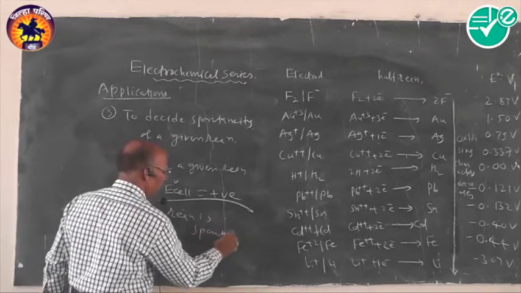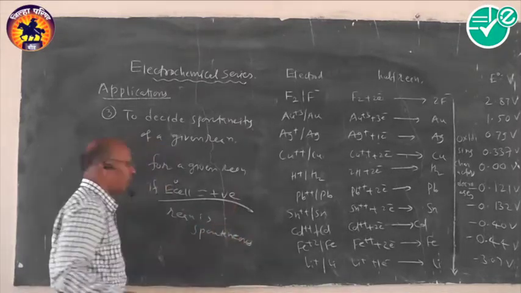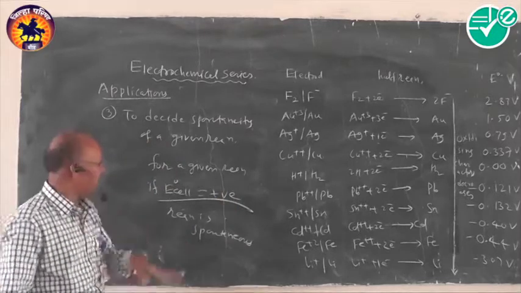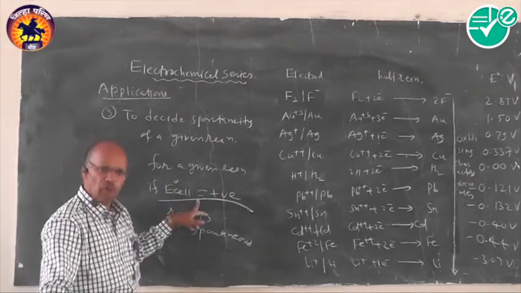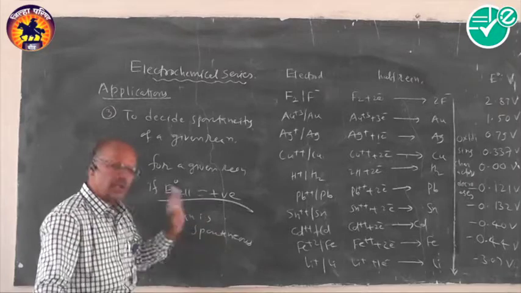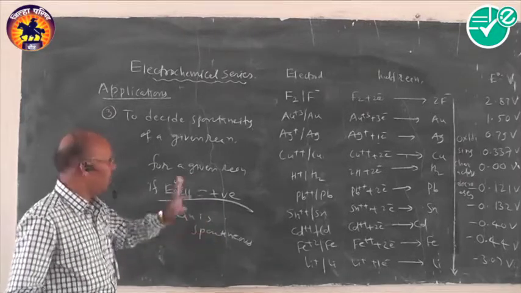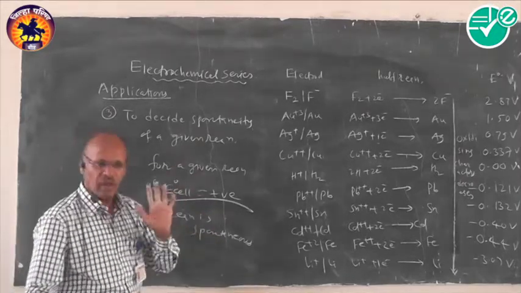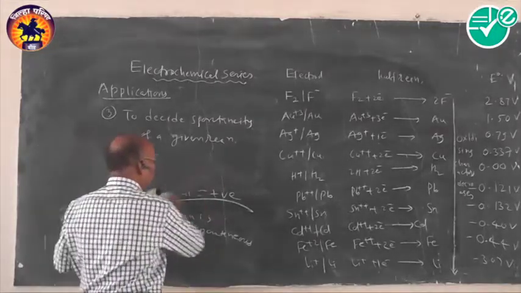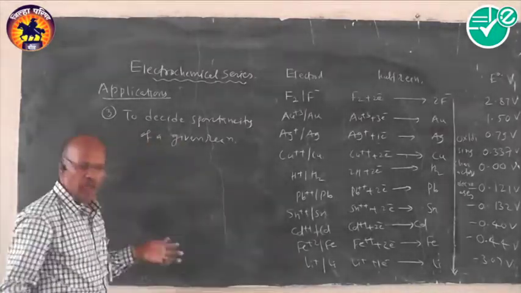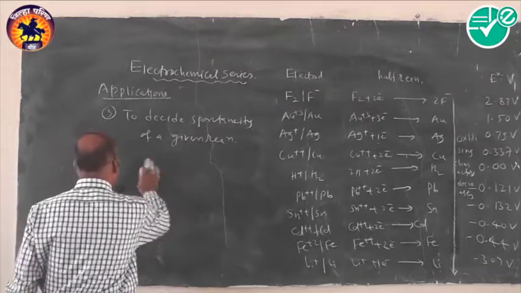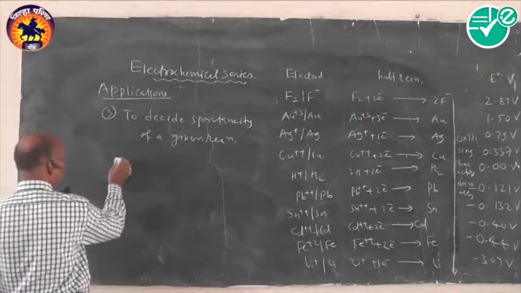So you have to remember this point: for a given cell, if E standard cell is positive, then the given reaction is always spontaneous. Remember this thing about the spontaneity of the given reaction. Now we'll check whether the given reaction is spontaneous or not. Let's check it. Now look, we'll have the reaction now.